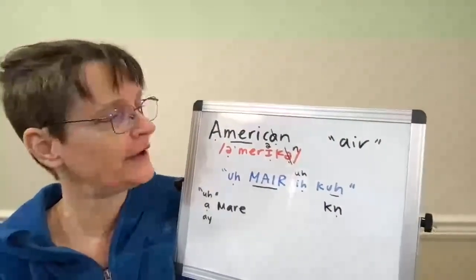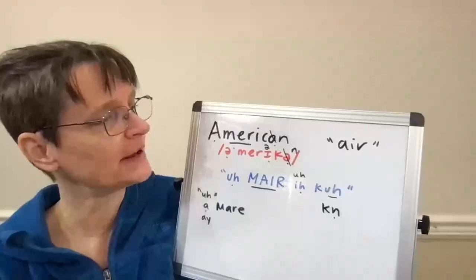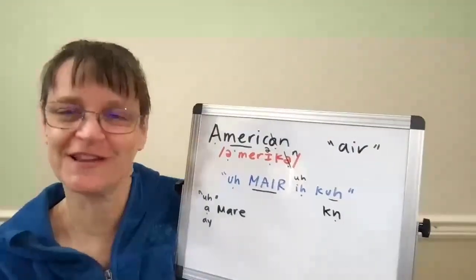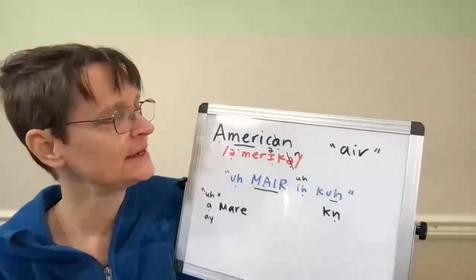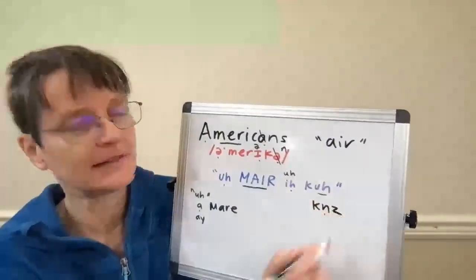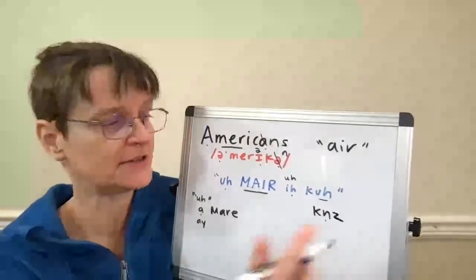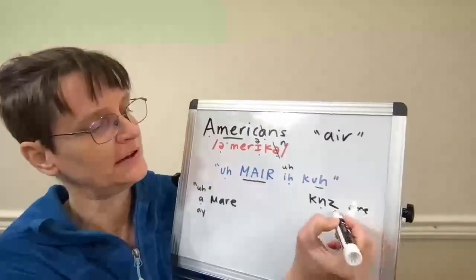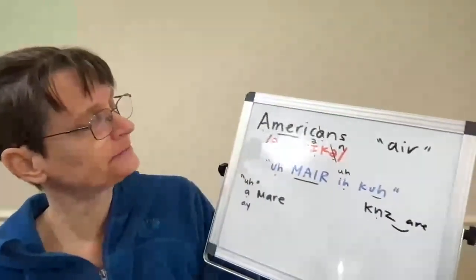We have American products, American Airlines. You can use it in short phrases kind of together where you would use it. Also, when we say Americans, then that letter S has a Z sound. So Americans are, we link that together and you can hear that Z, Americans are.